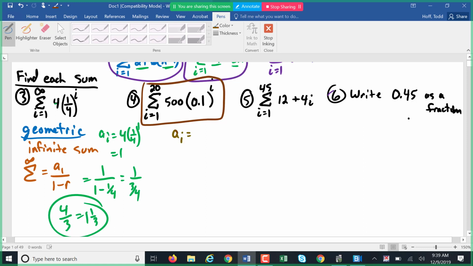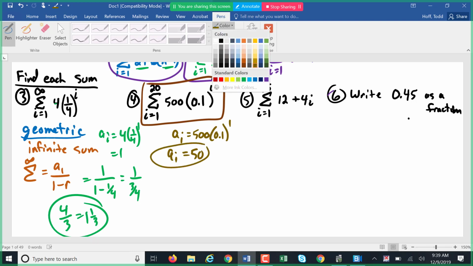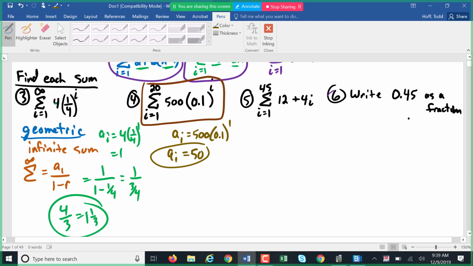Well, a1 is going to be 500 times 0.1 to the power of 1, which will be 50. So a1 is 50. r is the 0.1. So this sum is going to be 50 over 1 minus 0.1, so that'll be 50 over 0.9.